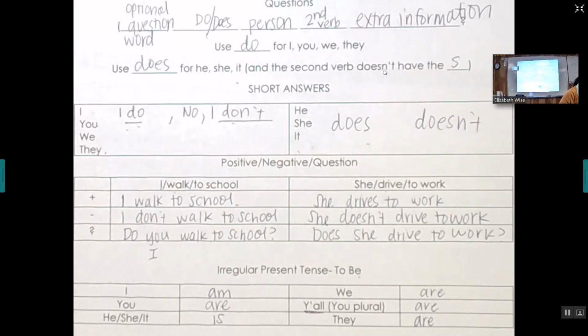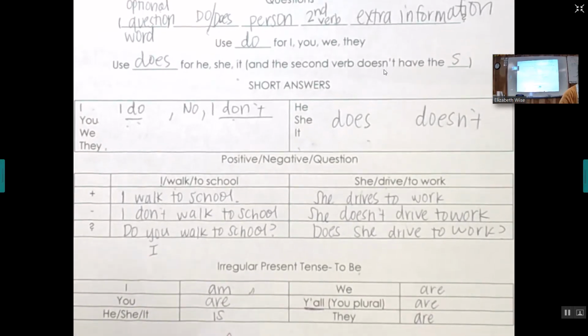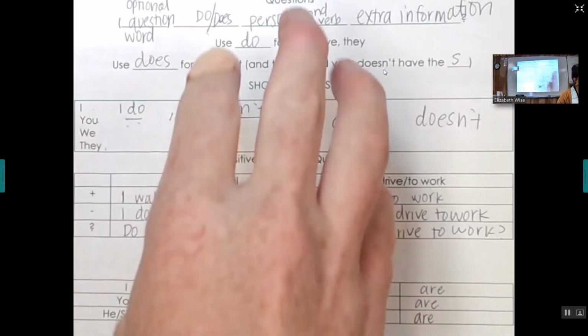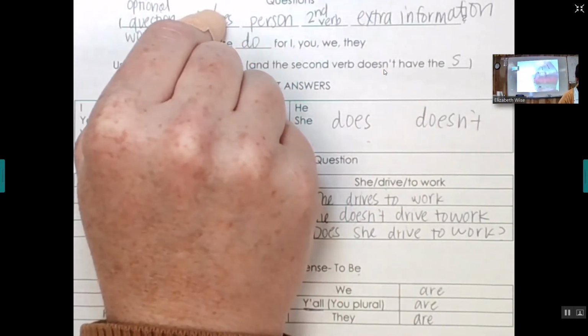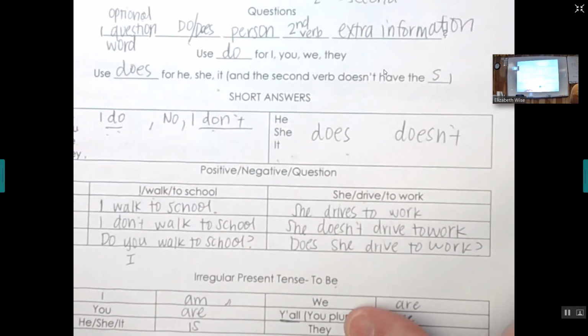That's okay. All right. So everyone is are. I am is irregular, and he is, and then everyone else is are. Okay? Alright, how do you make this negative? So up here we have to use don't and doesn't, right? How do we make to be negative? I am not. Yes.